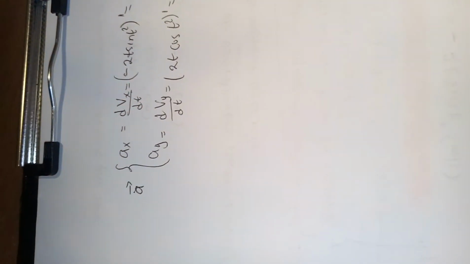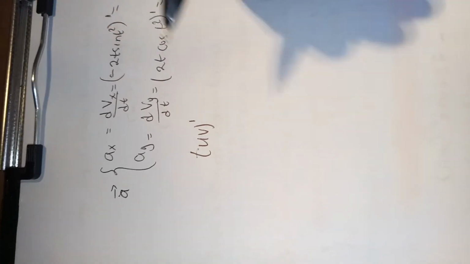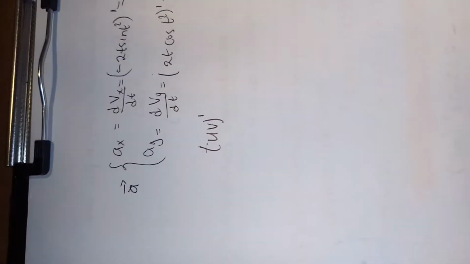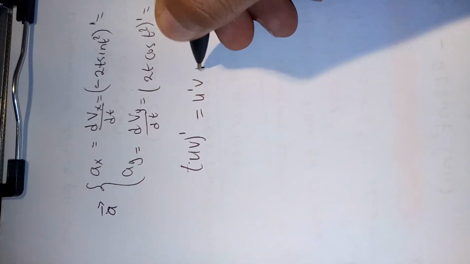So deriving this, if you can remember, when deriving a product, I have uv, for example, it's u prime v plus v prime u. That's, you derive u, leave v, plus derive v and then leave u.